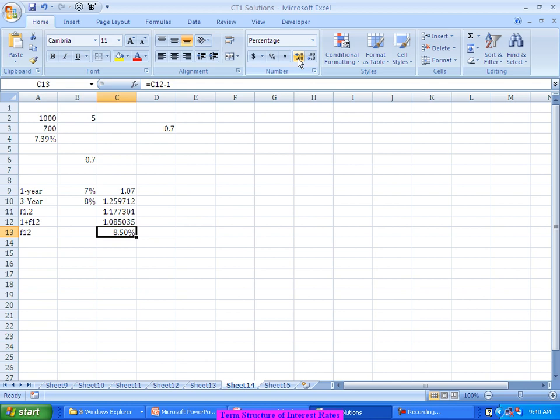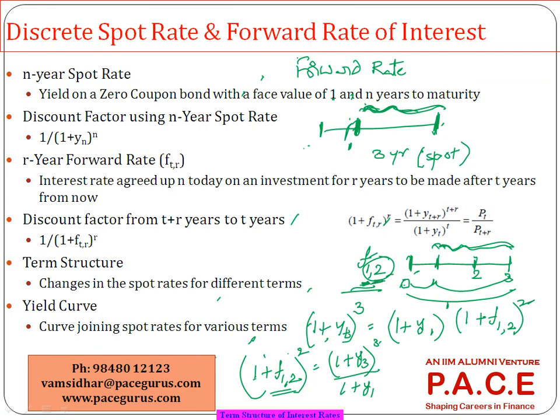So the 2-year forward rate from time 1, which is 1 year from now, is equivalent to 8.5%. That is the typical way we calculate the link between the spot rates and the forward rates.